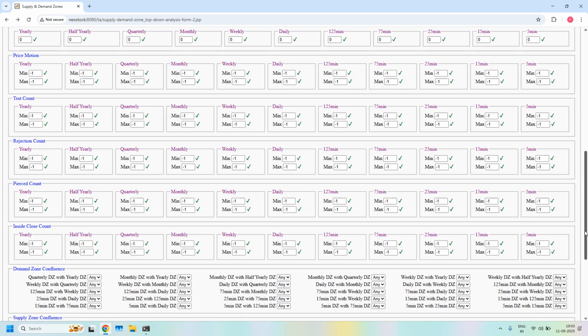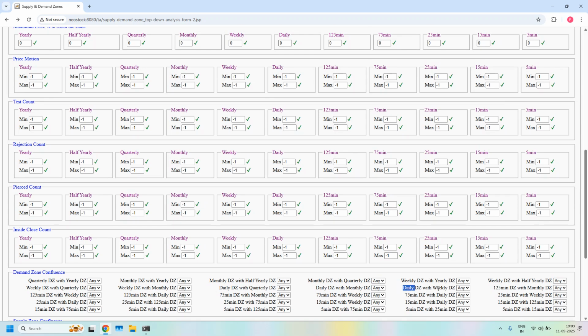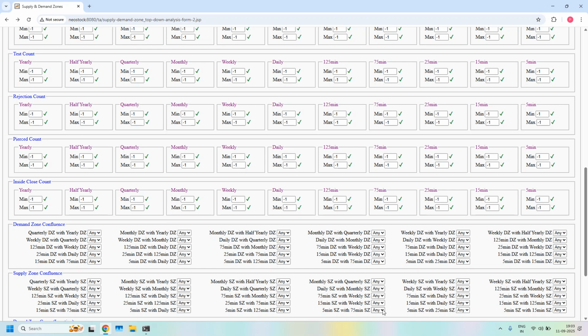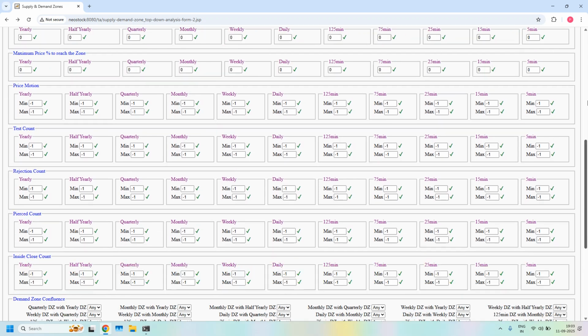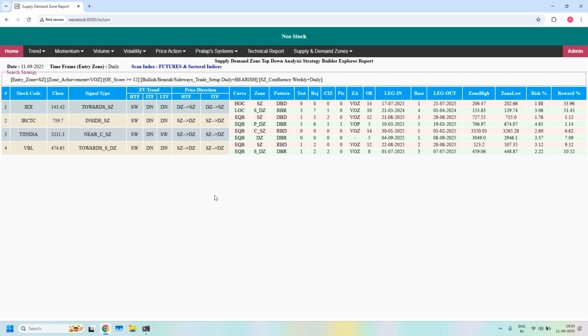First, LTF and ITF supply zone confluence, daily and weekly. Sorry, this is demand zone. So daily and weekly supply zone confluence. Out of 5, 4 are filtered. And weekly trend is down trend.